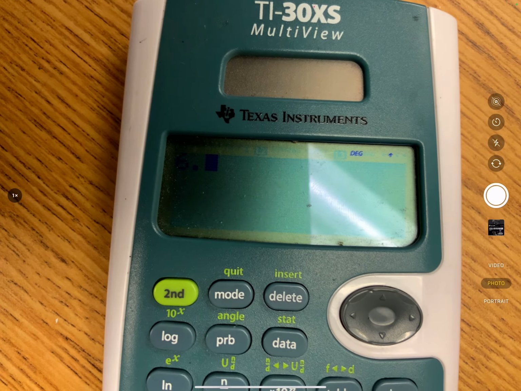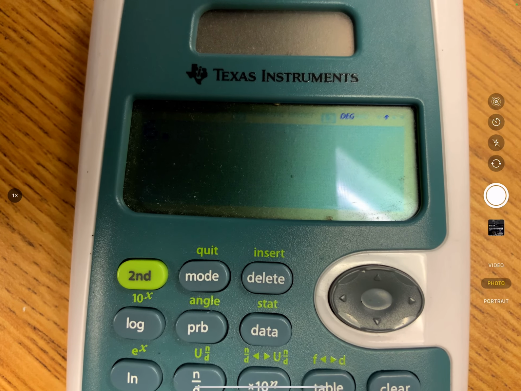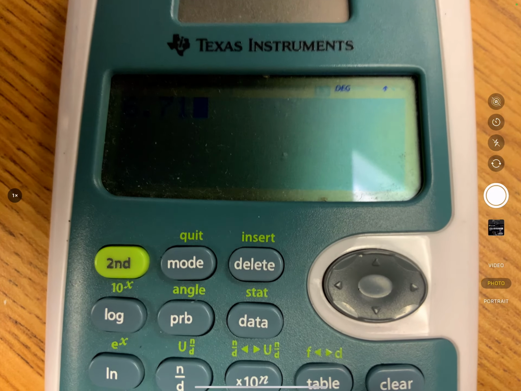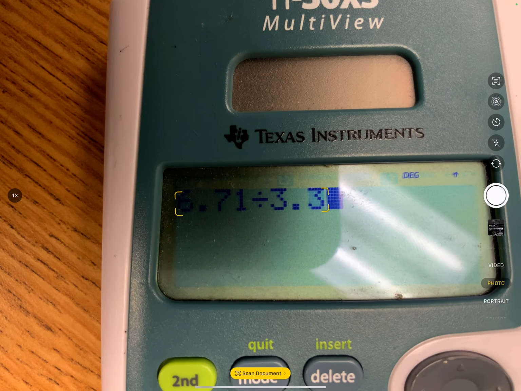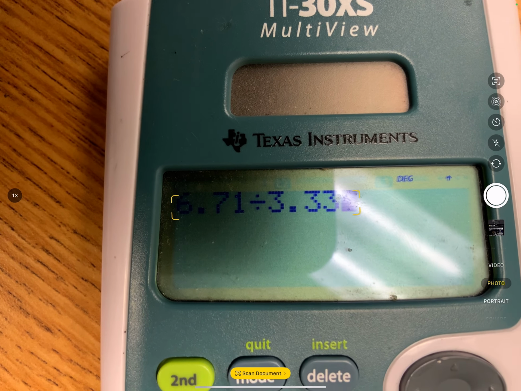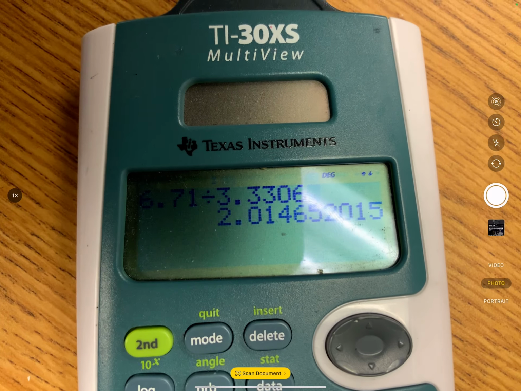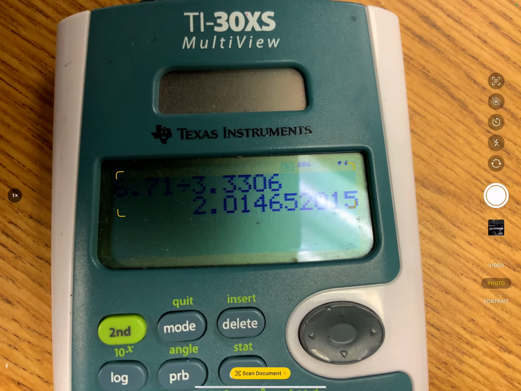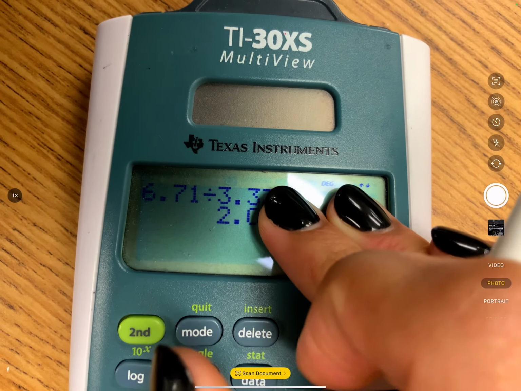6.71 divided by 3.3306. You see how there's a 0 there? That's all I care about. I don't care about the rest of anything else. What number is this?